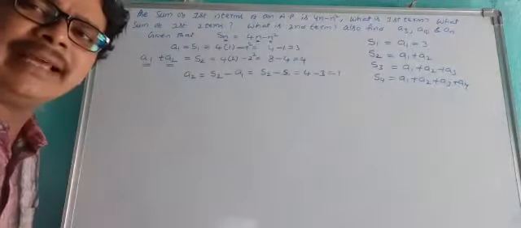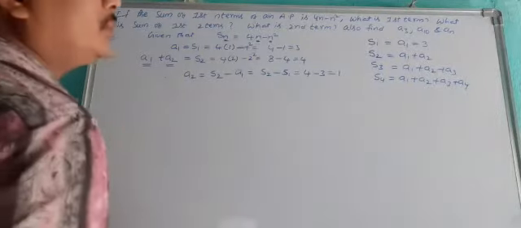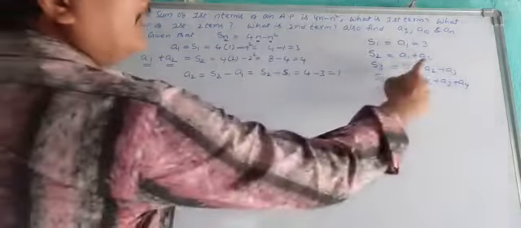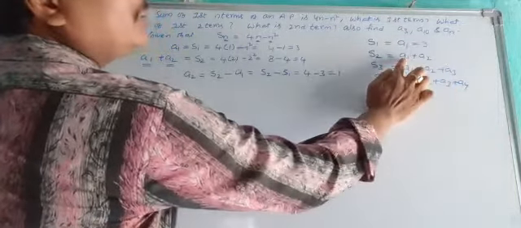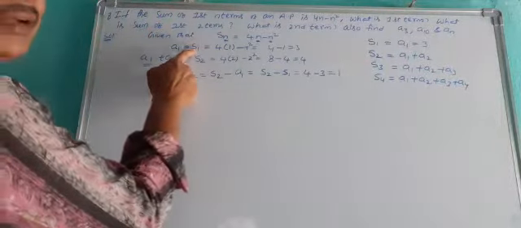We got the second term here. So if you want to find A2, you subtract A1, which is S1, from S2.